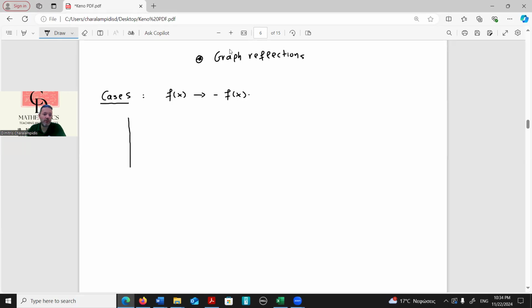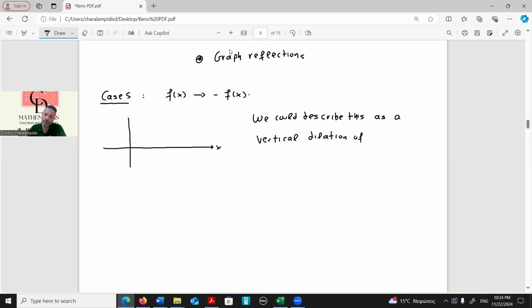Although with the knowledge we have already, we could describe this as a vertical dilation of factor -1.